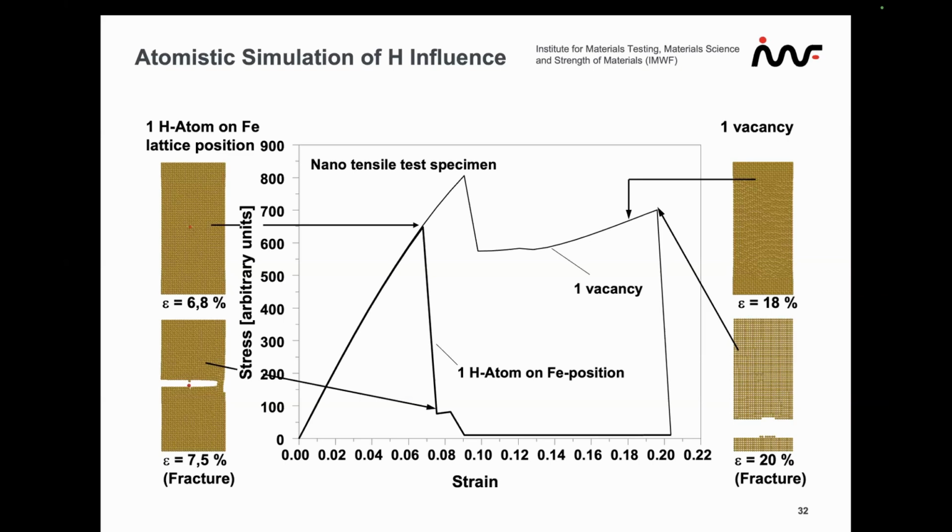And you can immediately see, in comparison to the case with the vacancy, how strongly the strength is decreased, and even more how strongly the ductility and deformability is reduced. So hydrogen is playing a role in the decohesion business around it, and also in changing the plastic deformability there.